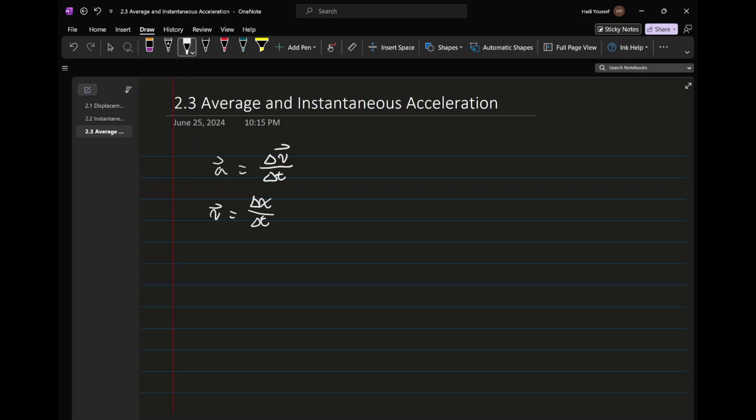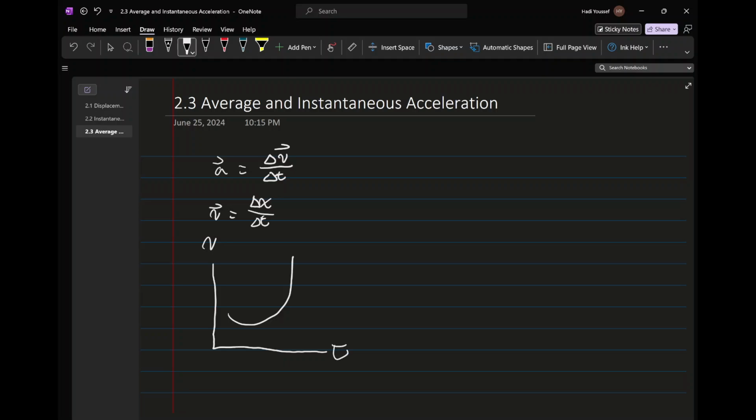Now then, to see this in a better fashion, let's create a velocity time graph. On this graph, I would have some random curve, and this represents velocity, and this represents time.